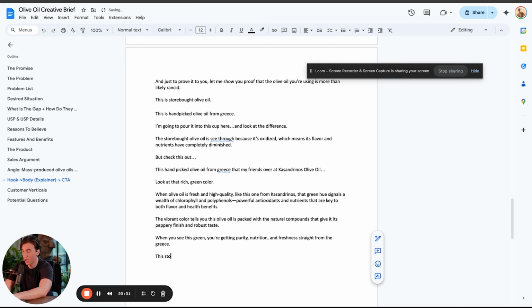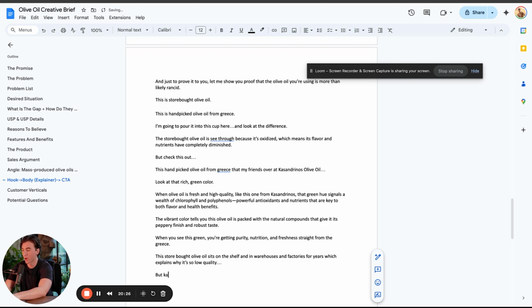This store-bought olive oil sits on the shelf and in warehouses and factories for years, which explains why it's so low quality.